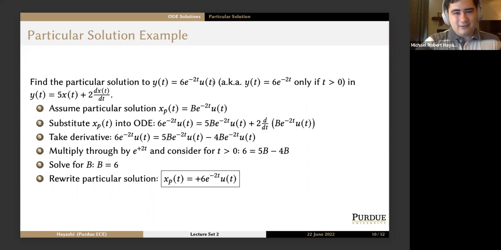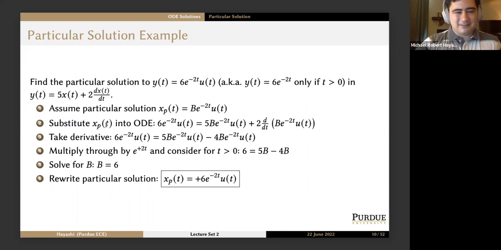So we have a forcing function that looks like an exponential. So we're going to say it's going to be b times the same exponential, same u of t tagged along at the end. Units of that function, purists rejoice that we're dealing with it early.